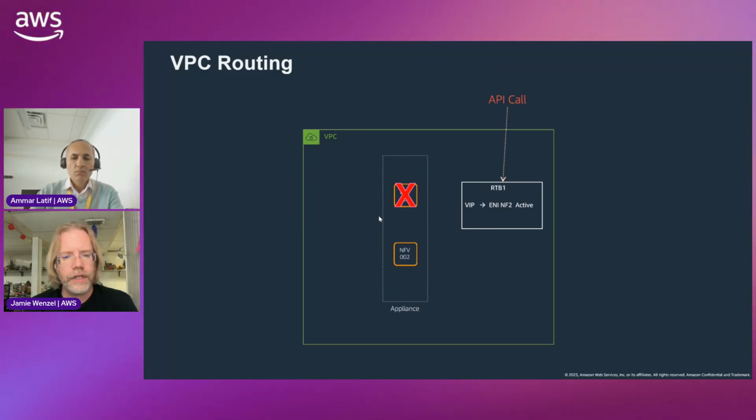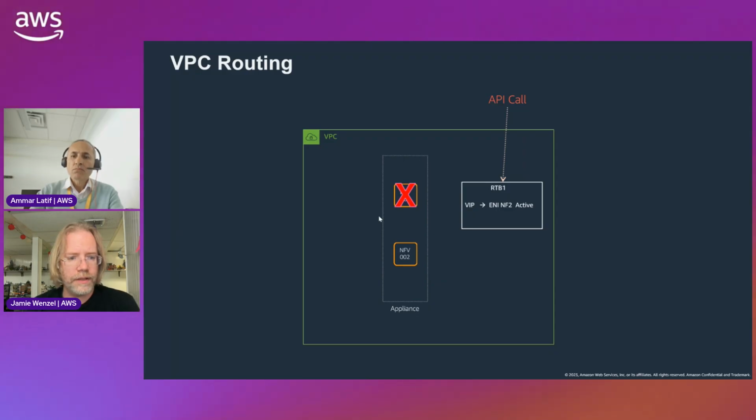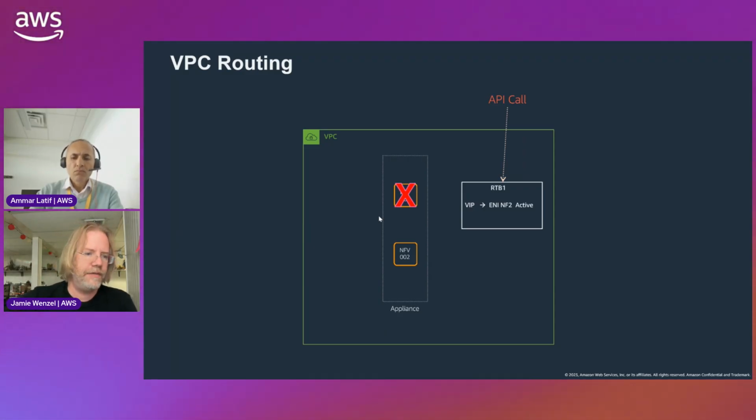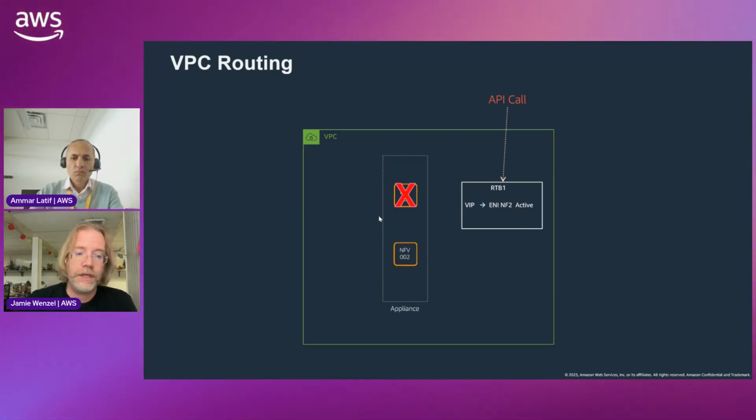But that's not really addressing what Amar was talking about, where we've got a failure on one NIC and we need to send the traffic immediately to another NIC without having to build some sort of a Rube Goldberg machine of identifying when that NIC is down, creating an alert, going to CloudWatch, having a Lambda kick off. The Lambdas also have a cold start themselves, so it won't kick off absolutely immediately, and then it goes back and makes an API call to change our routing table.